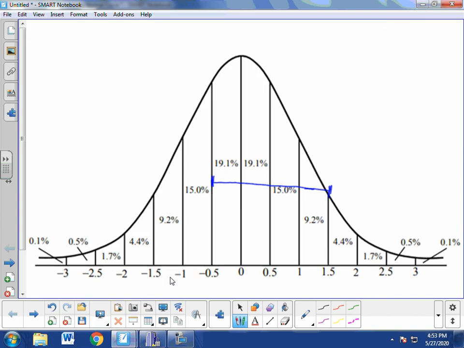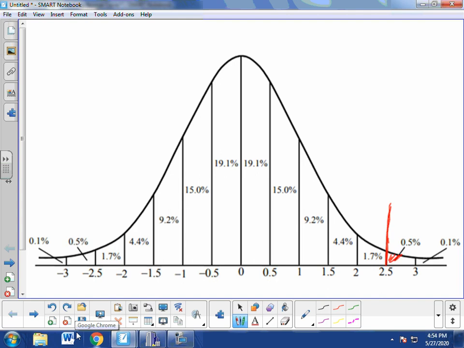So let me go back to this chart right here. Her score was 2.5 standard deviations from the mean. That means it was right here. This is where her score would be on the normal distribution or the bell curve. The question asked, find the percent and number of students who scored better.